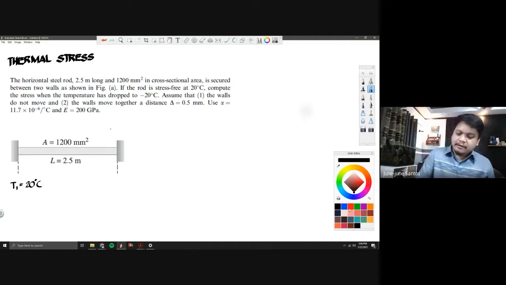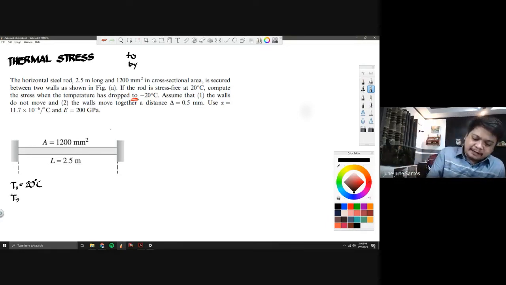Ulitin ko, has dropped to, okay? Dalawa yung terms madalas. Iba yung has dropped to and drop by. Okay? So, pag sinabing drop to, bumaba sa. Okay? So, in short, ang aking final temperature or T2, that would be negative 20 degree Celsius.